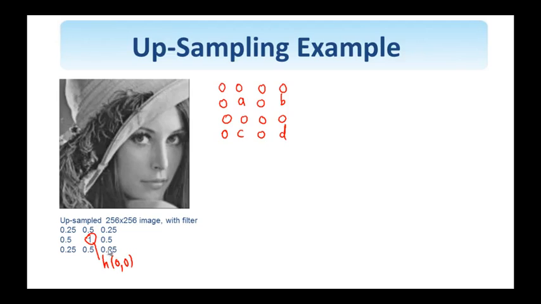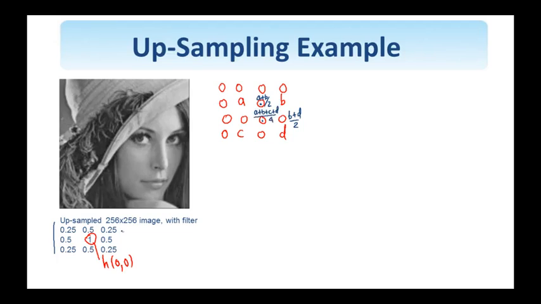So if I perform the convolution of this filter here with this image, we see that this 0 here will be replaced by A plus B over 2, this by B plus D over 2, while this pixel here will be replaced by A plus B plus C plus D divided by 4.